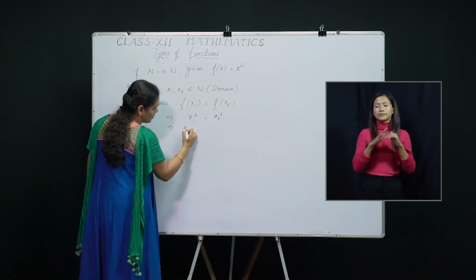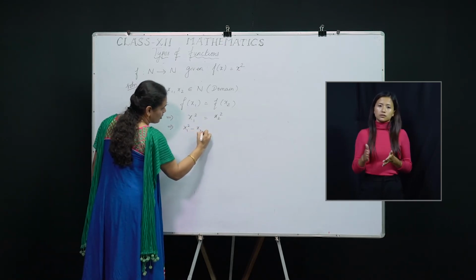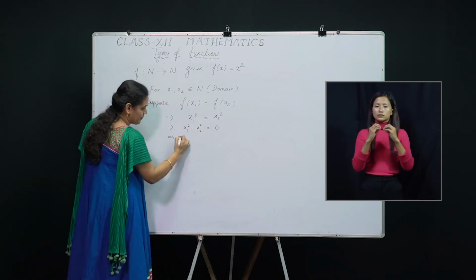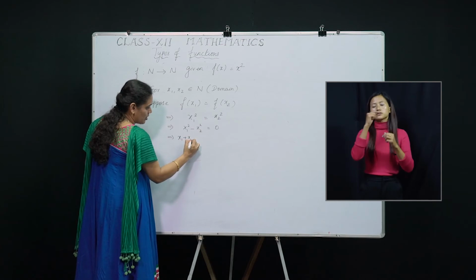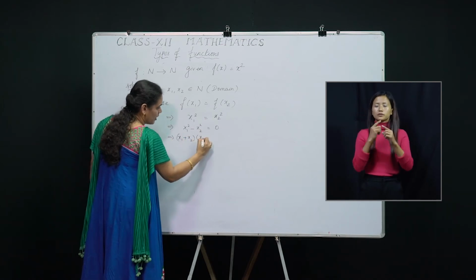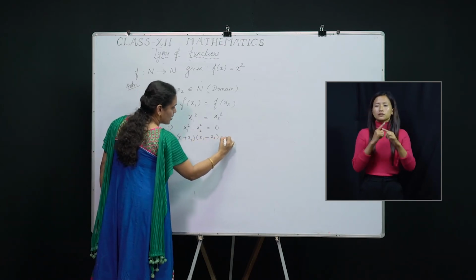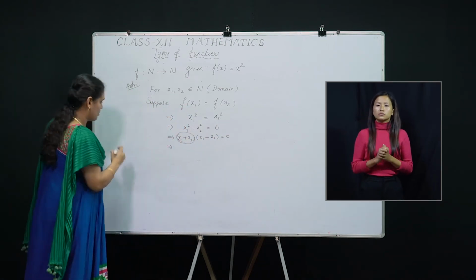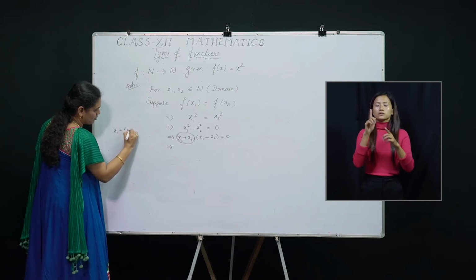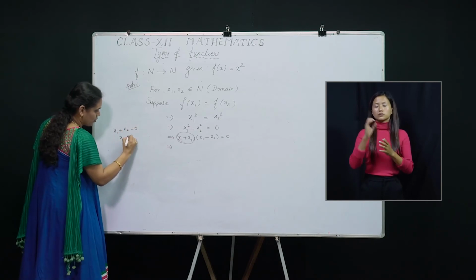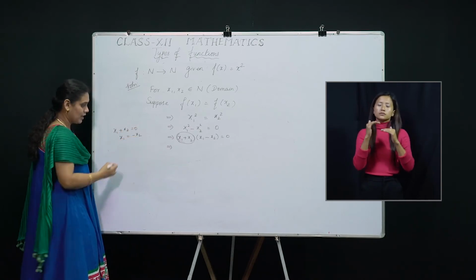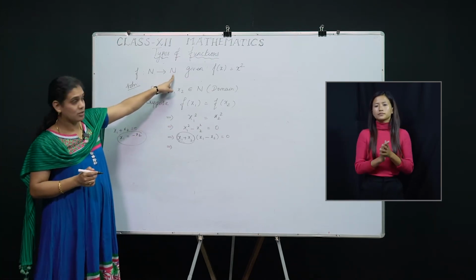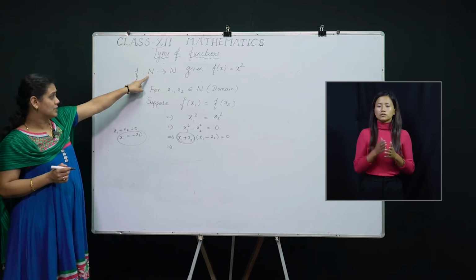Then you bring this to the other side: x1 squared minus x2 squared equal to 0. a squared minus b squared gives (x1 plus x2) into (x1 minus x2) equal to 0, right? The case x1 plus x2 equal to 0, that is x1 equal to minus x2, will not arise in natural numbers, because our domain and codomain are both natural numbers and we don't have negative numbers here.